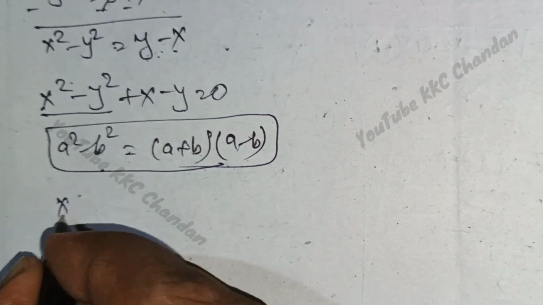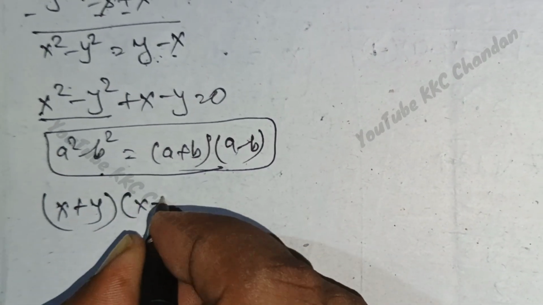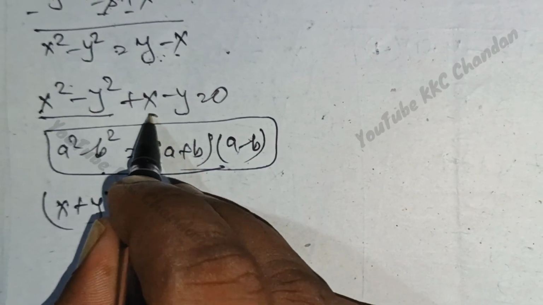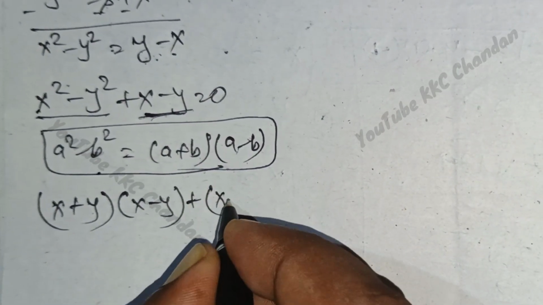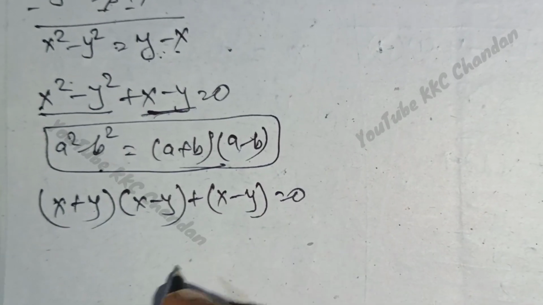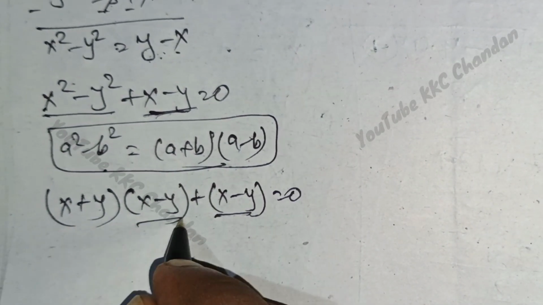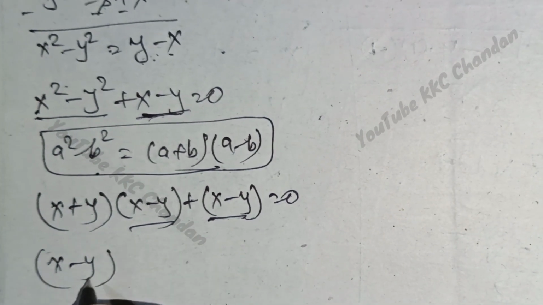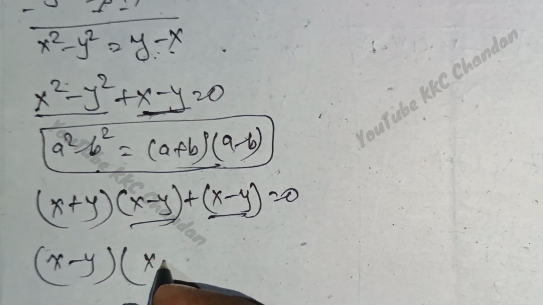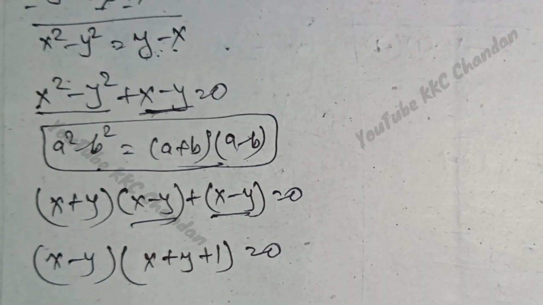See here, (x plus y) into (x minus y), and in the next step, write this here, plus x minus y is equal to 0. See here, x minus y, take common: (x minus y) into (x plus y plus 1) is equal to 0.